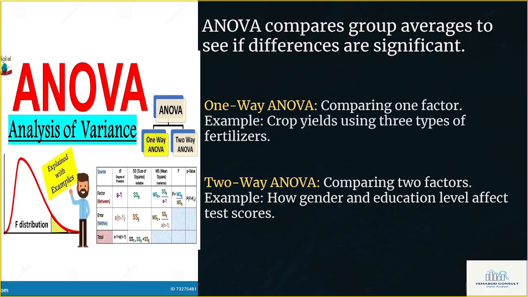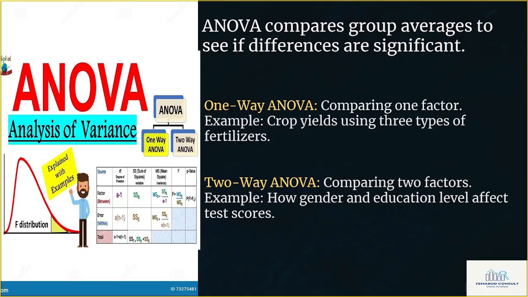So ANOVA is just like the senior brother of t-test. Now, t-test is comparing two groups, right? So ANOVA is comparing more than two groups. That's the way I used to explain it. I say to myself that ANOVA is just the senior brother of t-test.